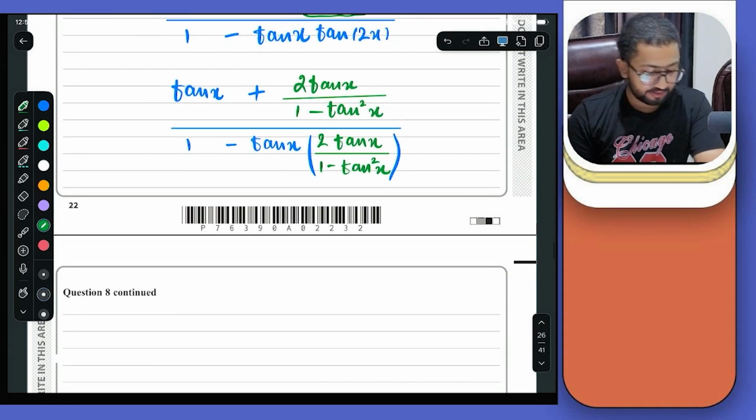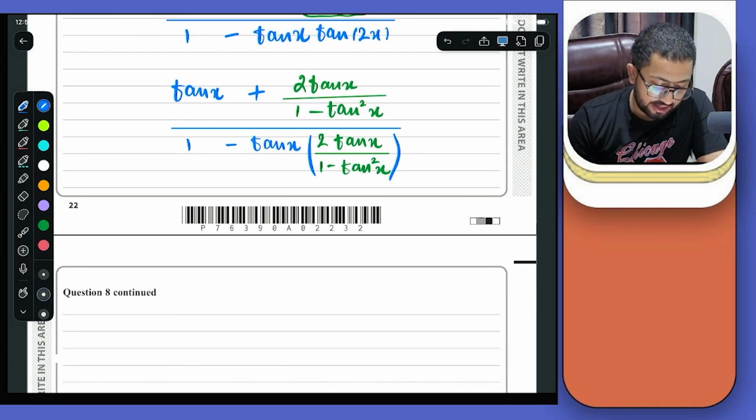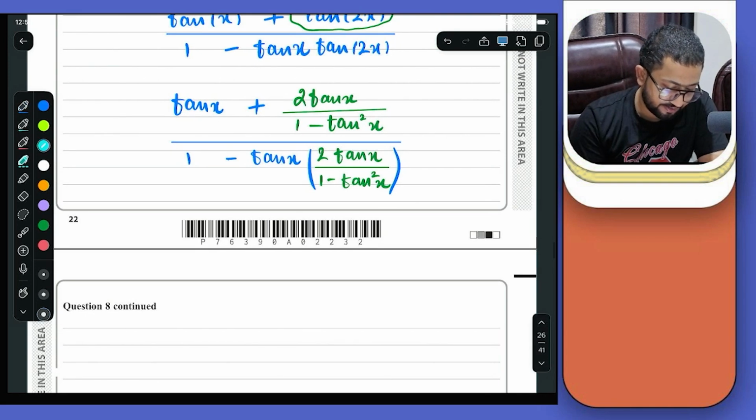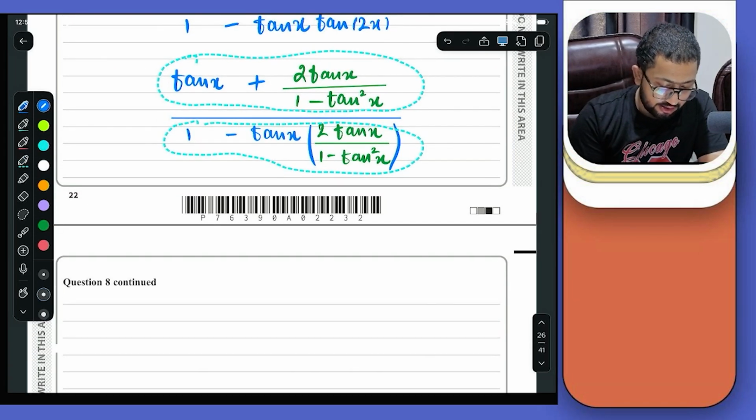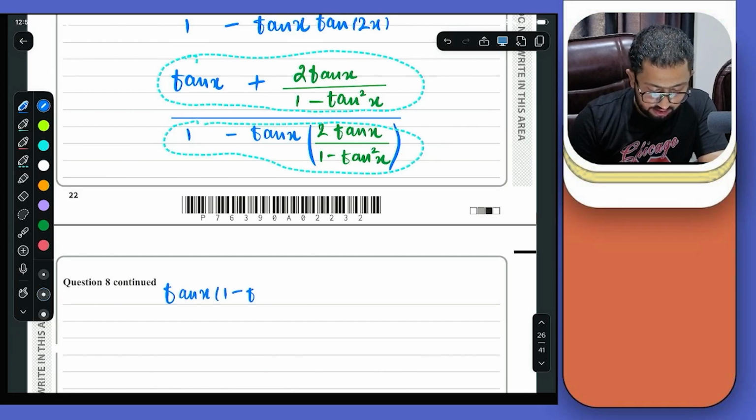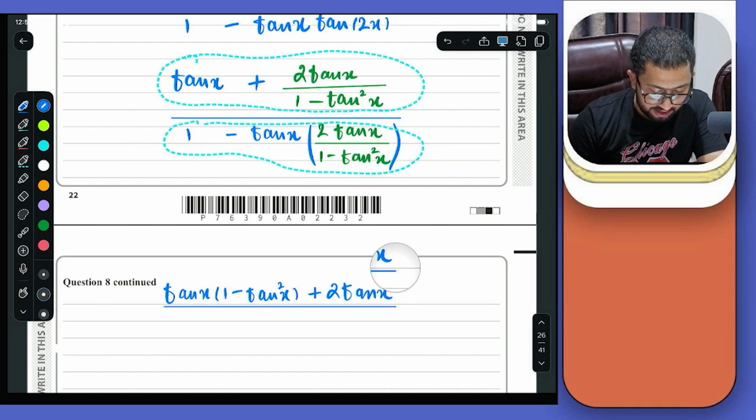Perfect. Now let's apply the LCM in the numerator. Apply LCM in the numerator. Similarly, apply LCM in the denominator. So 1 minus tan square x will multiply with tan x plus 2 tan x. That is the LCM of the numerator term.